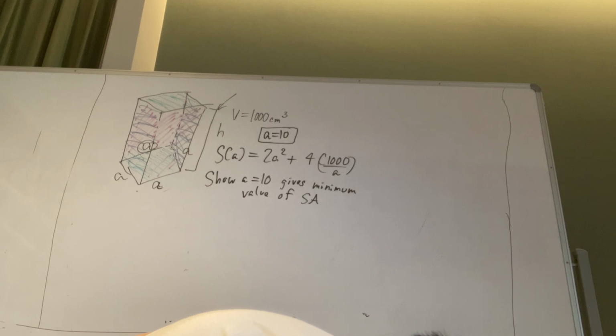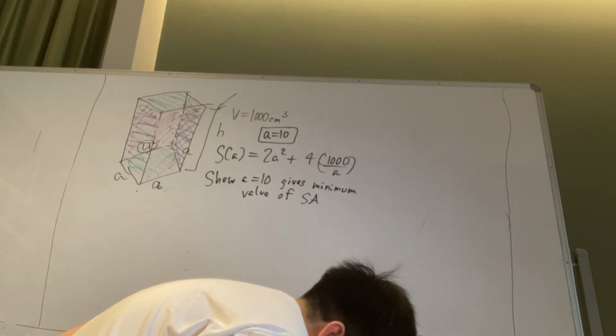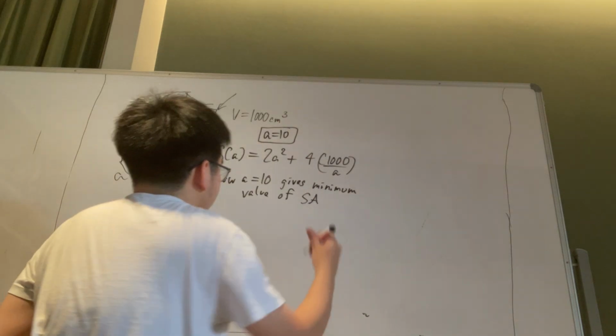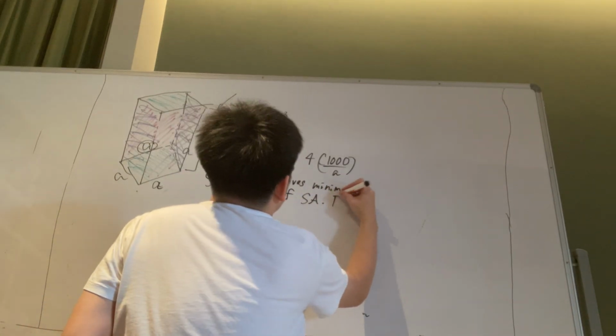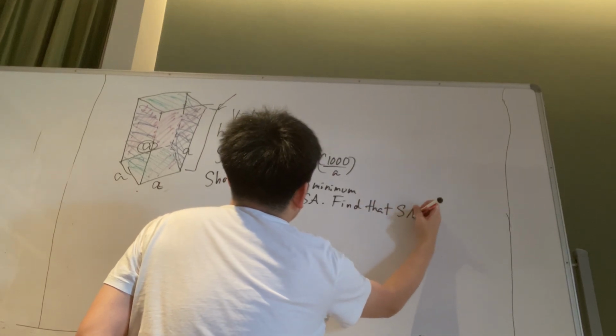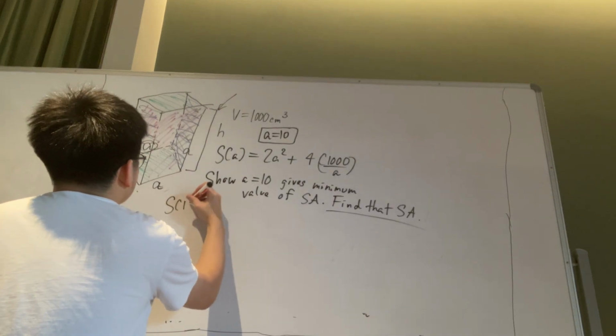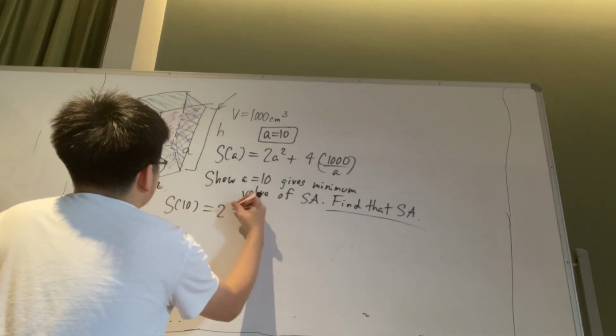Find what that SA is. Find that SA. I'm going to be lazy and do this first. So we just put S of 10. 2 times 10 squared.